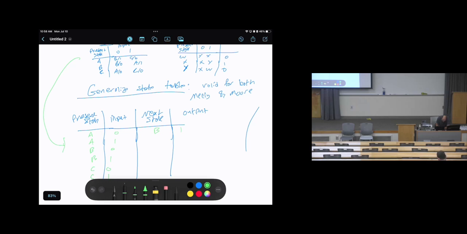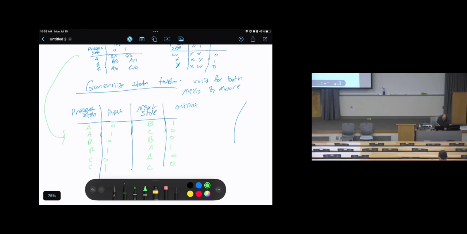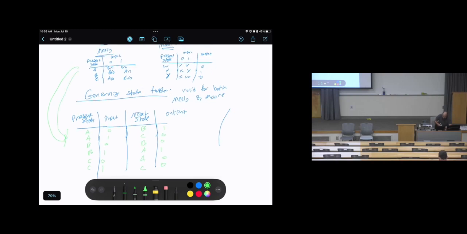A with input 1, next state will be C, the output will be 0. B with input 0, next state will be B with output 0. B with input 1, next state will be A with output 1. C, next state will be A with output 0. When the input is 1, it will be C with output 0. So we will see that these two are the same when you use this model, which is the generalized model.